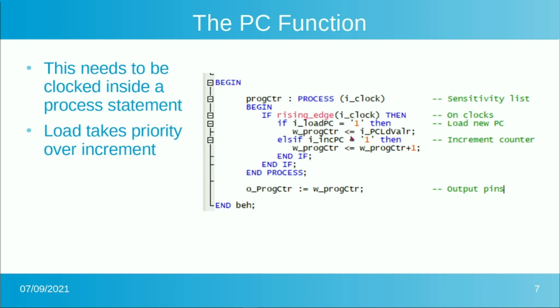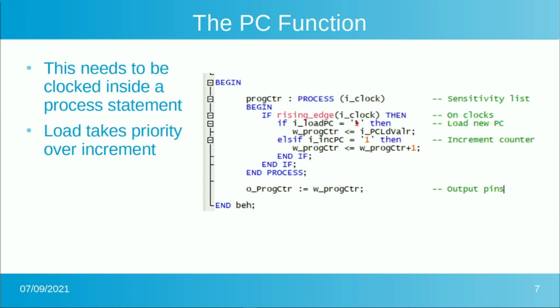And the way it's set up here is there's a priority in essence. If load is present, then it will ignore the increment and it'll do the load. If load is not present, then it will do the increment. And that will provide a helpful simplifying assumption. We can always hit increment even if we really don't intend to increment, because it will be ignored if the load value is present.